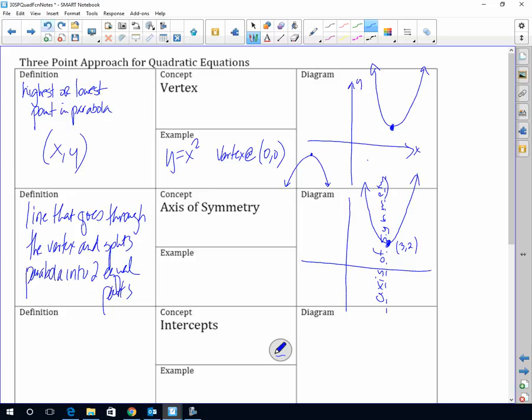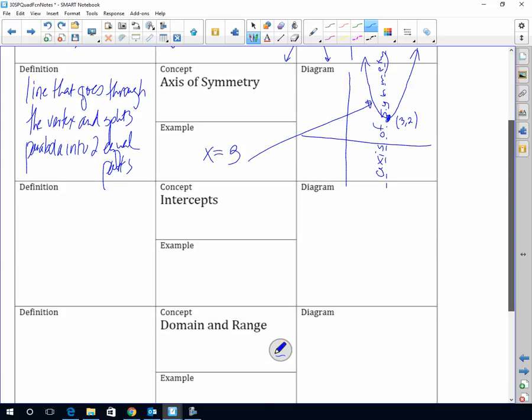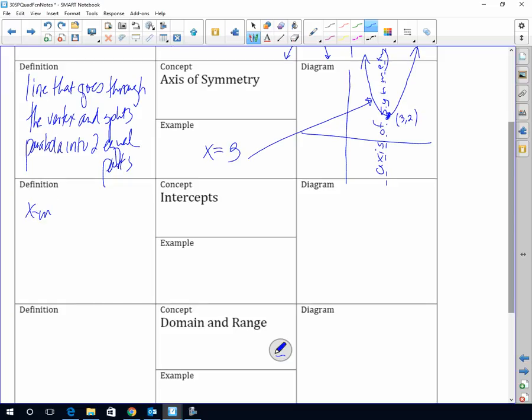Intercepts. Intercepts refer to both the x and the y-intercepts. So that is where it crosses the x-axis and the y-axis. So the x-intercept is where the graph crosses the x-axis, and the y-intercept is where the graph crosses the y-axis.